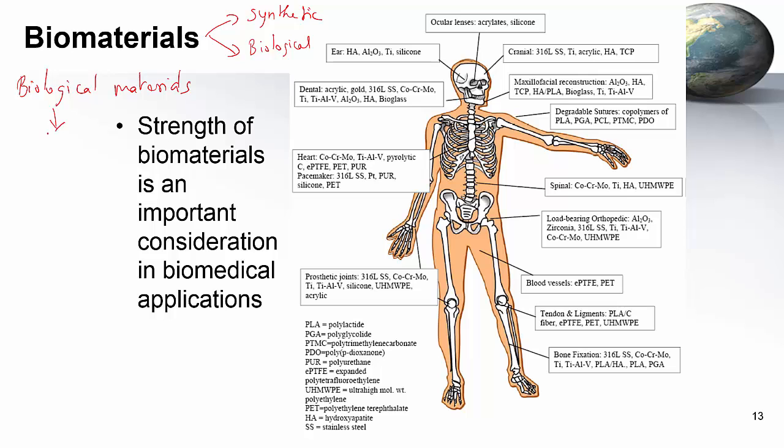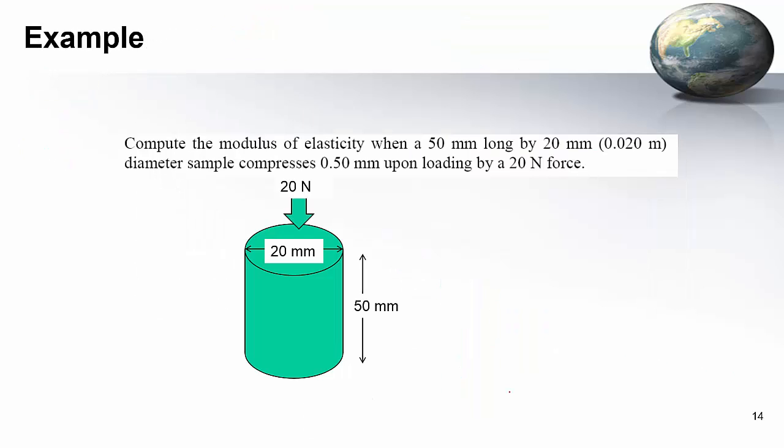Whereas a biological material is living or once living. So if you are going to put a rod as a biomaterial in a human body, in a leg, then the strength of the rod should be similar to or better than the strength of the bone. So for a biological material, or even for a biomaterial, the strength of the material is an important consideration.